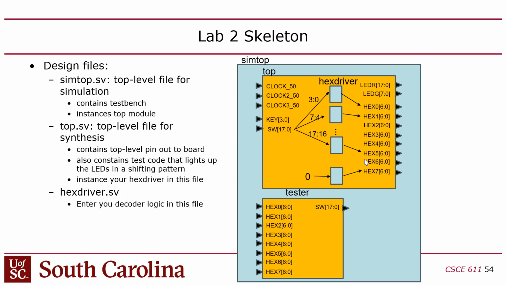There is a SymTop, a top, and a hex driver. SymTop is the top level that's used for simulation, and that is automatically what our script will simulate if you run the test bench design flow, okay? Then top is the top level file for synthesis, and hex driver is where you're going to put in your 7 segment decoder, which is the main objective of this lab.